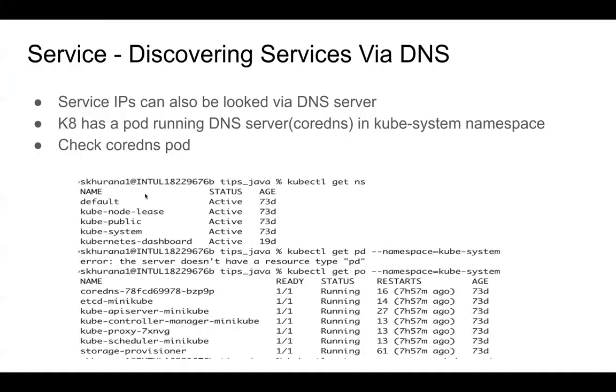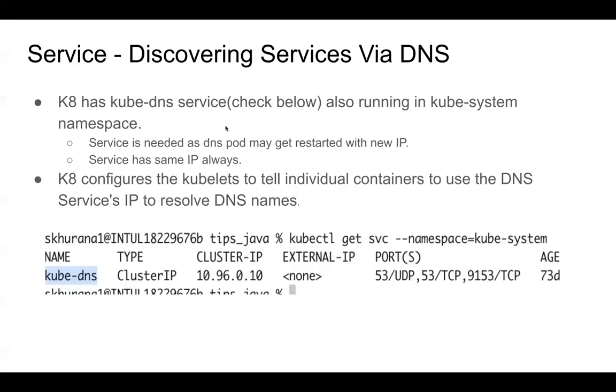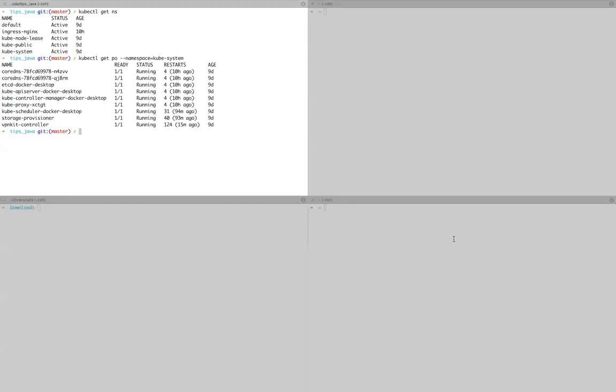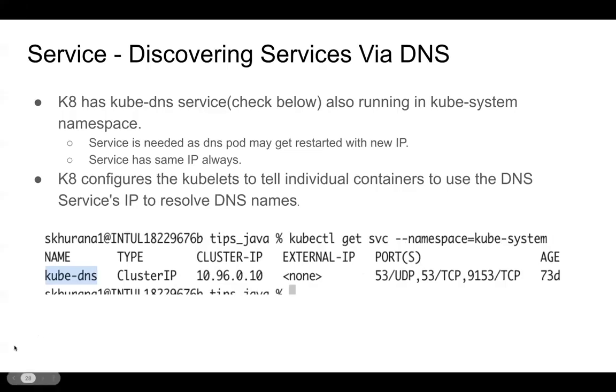So now, kubectl has a kube-dns service. If I run kubectl get service in the same namespace, you have the pods, and then let's check the service in the kube-system namespace. So you have the kube-dns service also running. So basically, these are the service and the pods which are for DNS, domain name server, right?